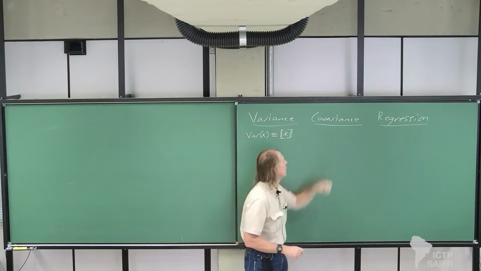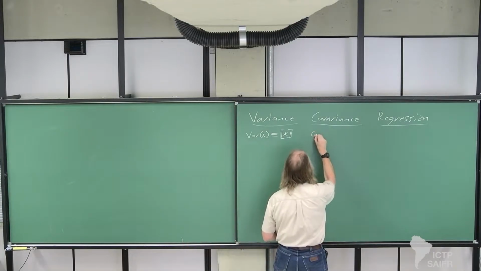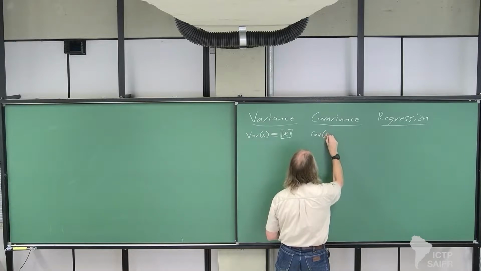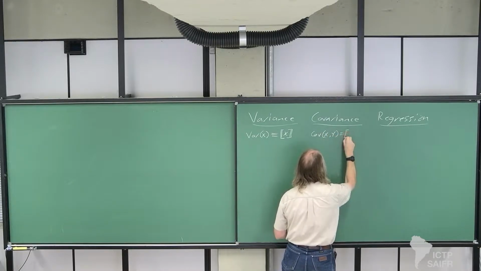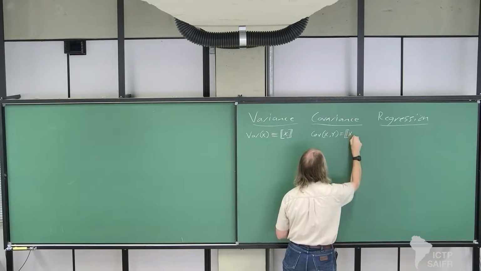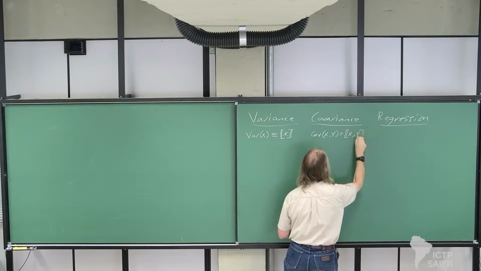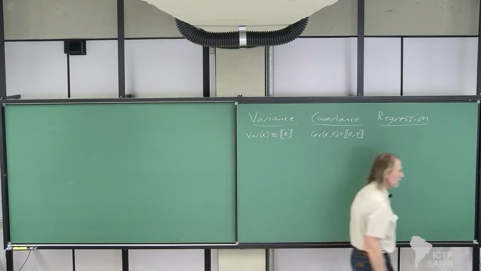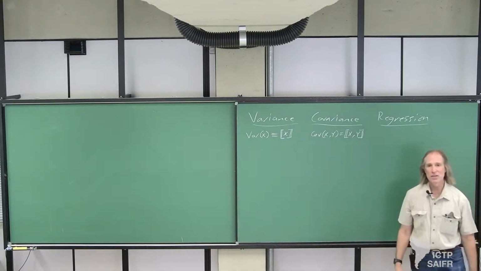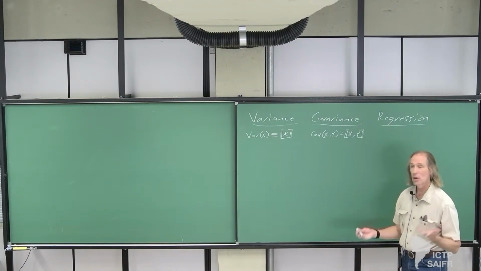Covariance, we'll write like this. The covariance of x with y, we'll write as double bracket x, y. Okay, and regression. And when we talk about regressions here, essentially we're talking about a least squares linear regression.